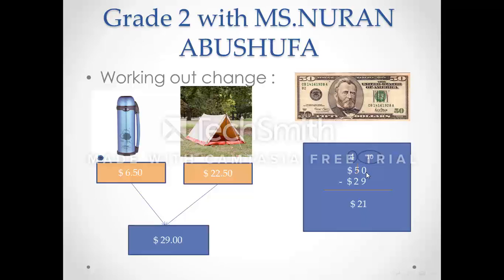Now 10 minus 9 equals 1. Moving on to the tens. 4 minus 2 equals 2. So it is $21. So the cashier should give me back $21. What does this mean? I give him the $50 note, he gives me back $21.